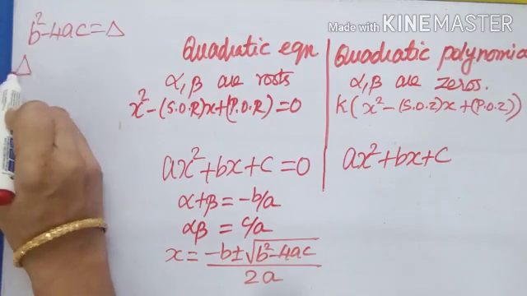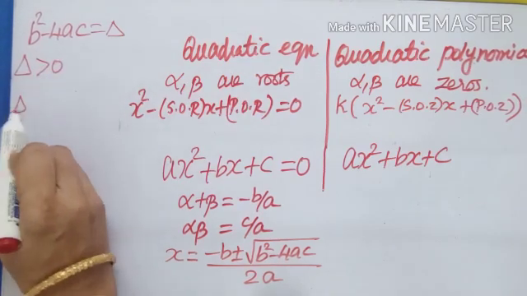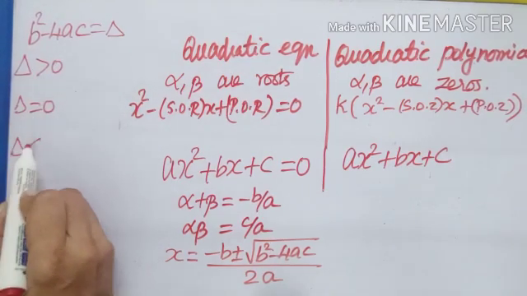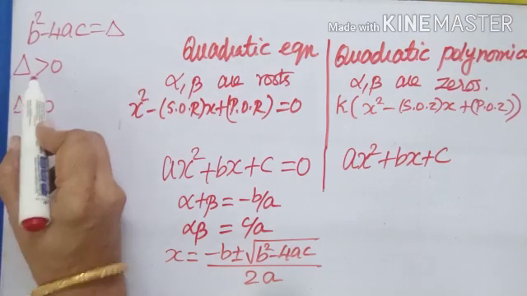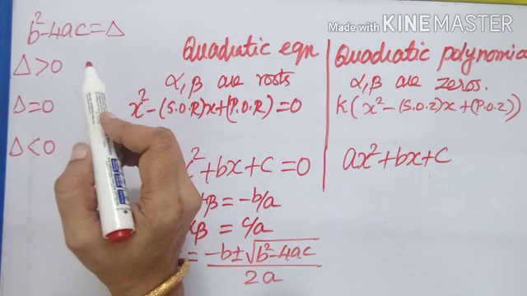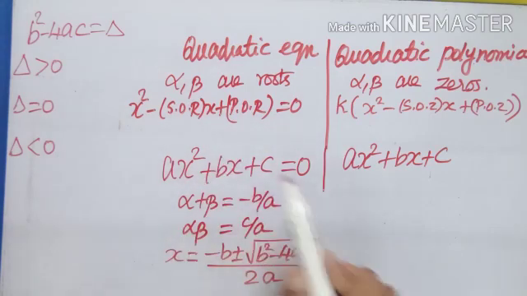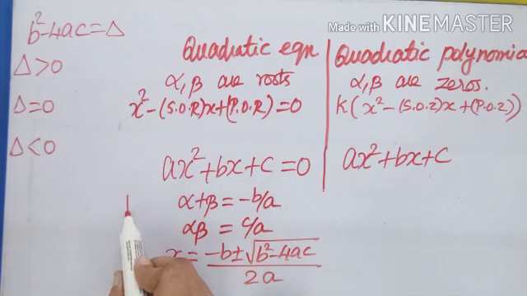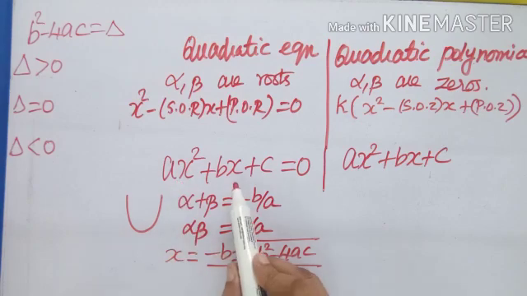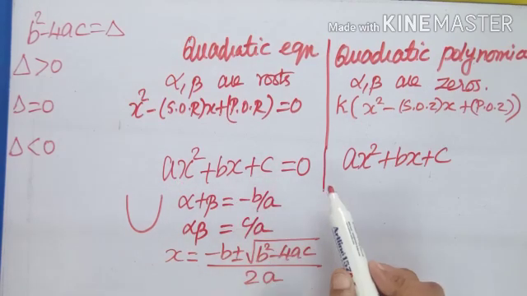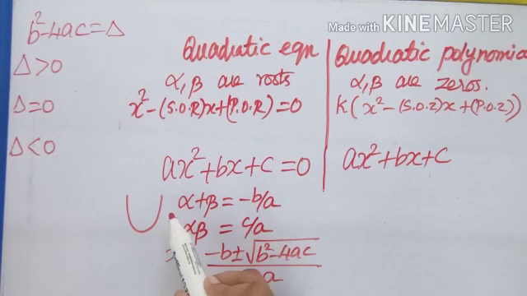The discriminant can be positive, equal to 0 or negative. See, for a quadratic, the diagram is a curve opening up like this, which you had done in 10th standard practical geometry. For any x square, some x, some constant, when you draw, it would be like this.